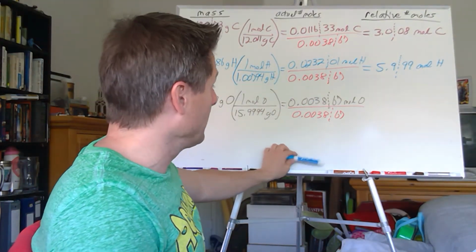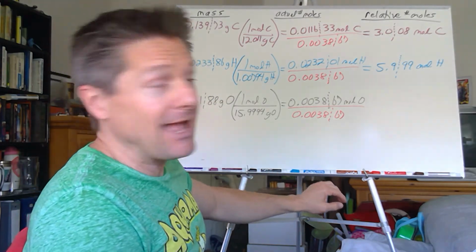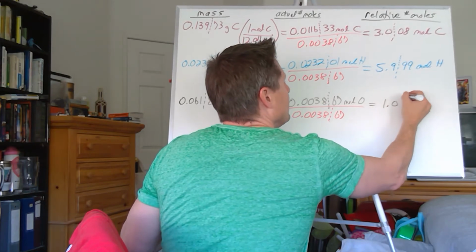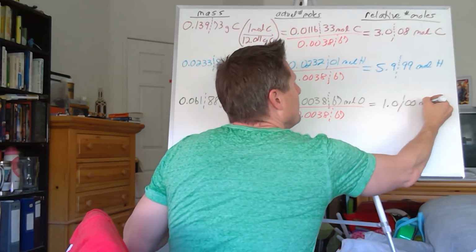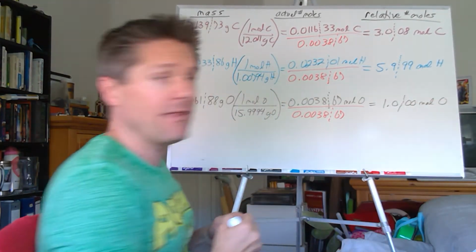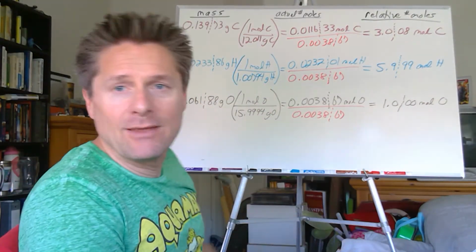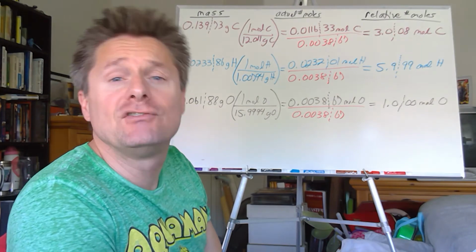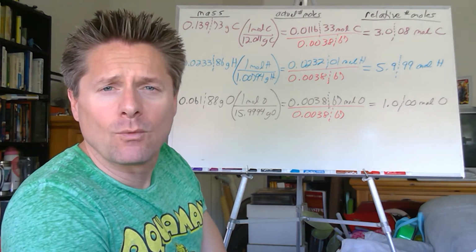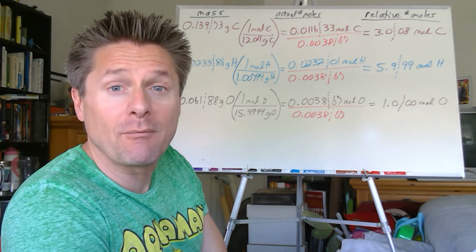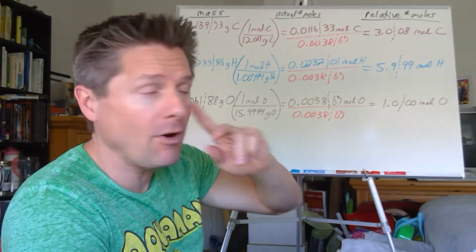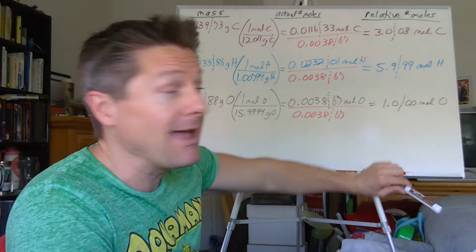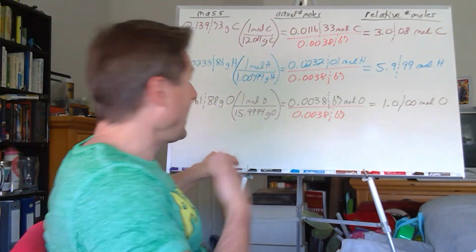And when I take a number divided by itself, I don't even need a calculator for that one. So that, just 2 sig figs, would be 1.000 moles of oxygen. Now look at that. I don't have any 1.5s or 3.33s, so I don't have to do, I think it was step 4, where if you don't have integers for the relative number of moles, you multiply them all by 2 or 3 or 4. That happens every once in a while. Don't expect that on my exam, though. That means I can just round this.